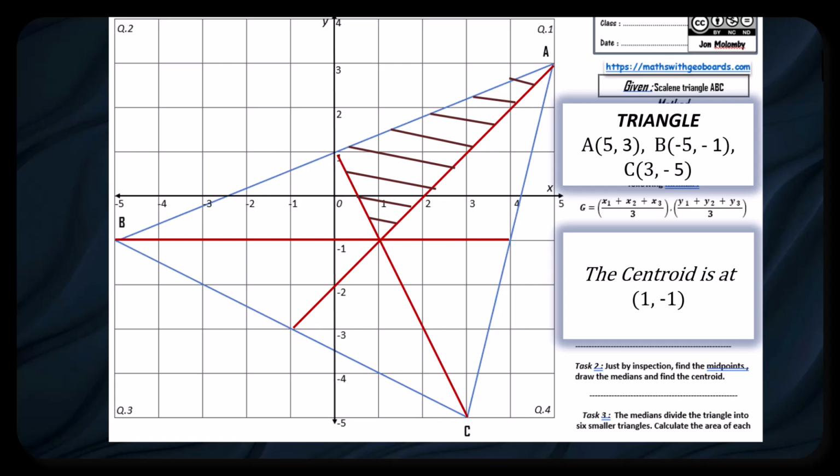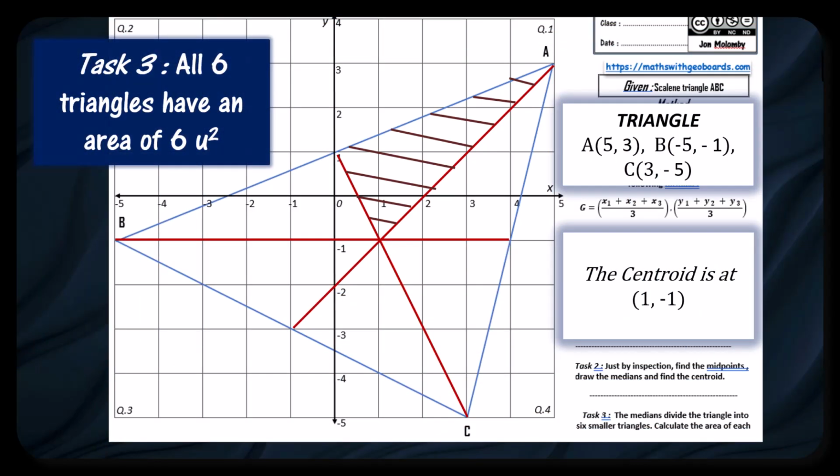We'll use that trick again. 20 minus 5 minus 8 minus 1, and the answer is 6. So we've proved that the areas of the 6 small triangles formed by the medians in this triangle are equal. For a proper proof of this, see part 2 in this series.